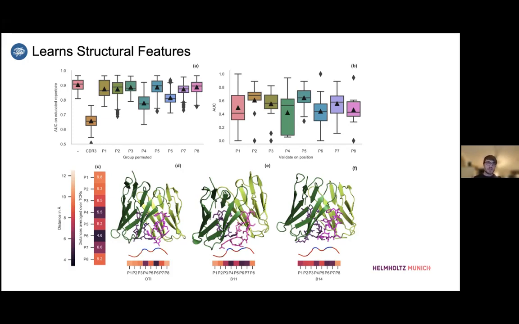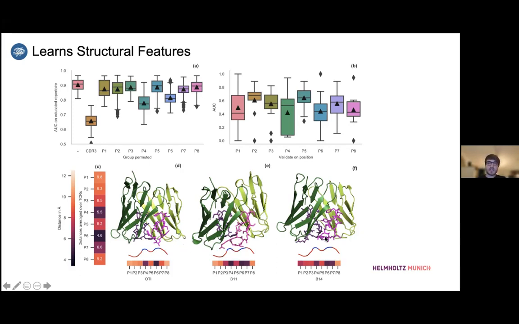especially these positions that seem to be important for prediction quality are usually also in close proximity to the CDR3 loop. And here are just two examples: the two on the left are examples of highly affine T-cell receptors that activate quite strongly.